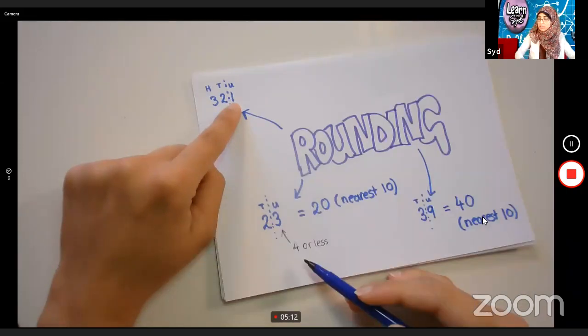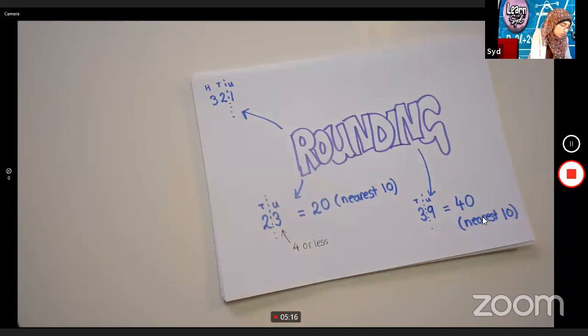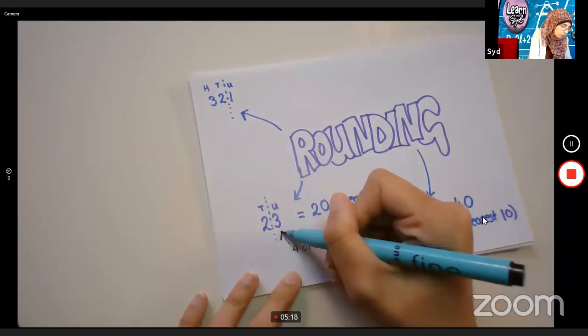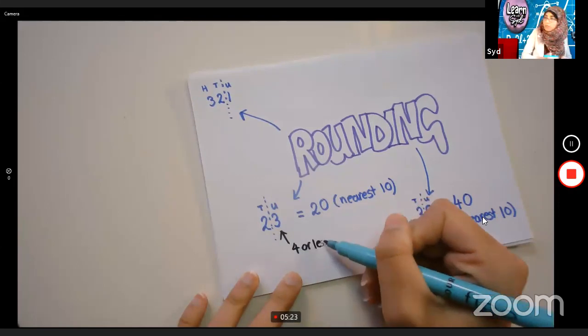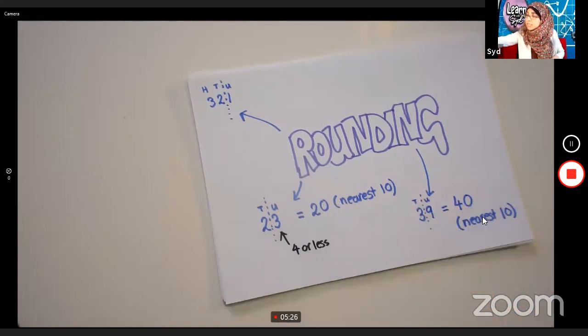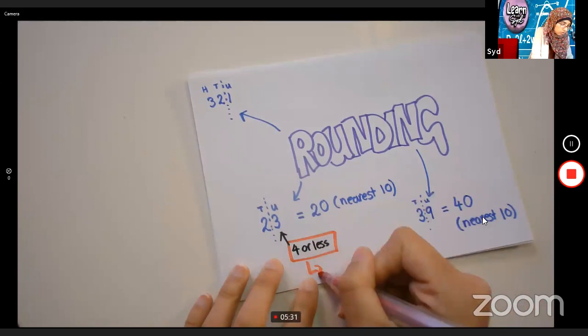The important bit here, and let's put it in black because this is really important: if it's 4 or less, I'm going to put a red box around it, then you do nothing. 4 or less, you do nothing.